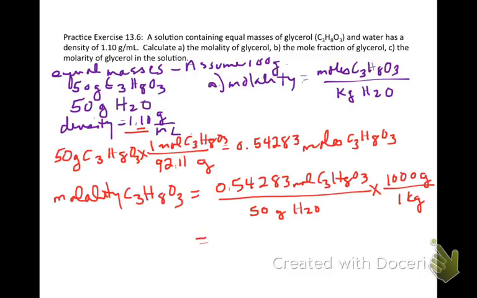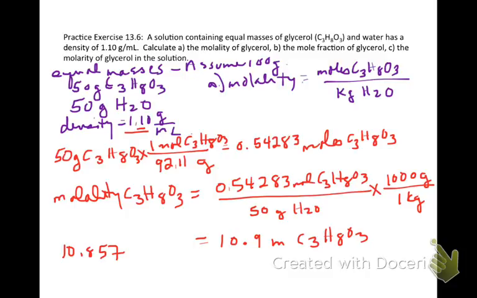Okay, so doing that math, I should get a molality of 10.9 molal C3H8O3. By the way, that is rounded from 10.857 to 10.9.